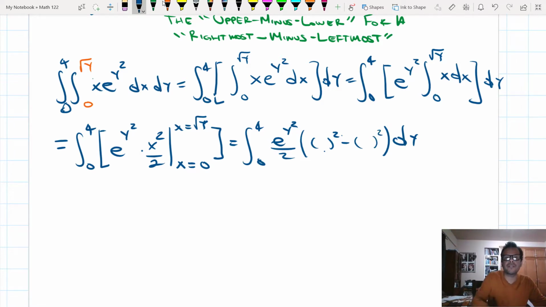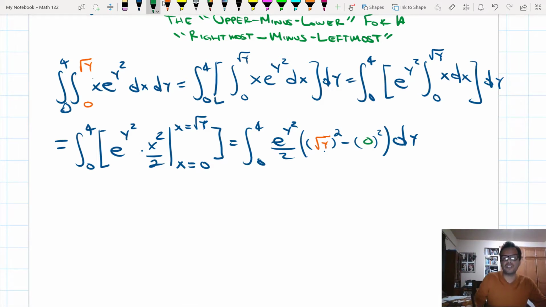Quantity squared, so this will be square root of y, and let me write this a little bit bigger so it's easier to read, by the way. And 0 for the lower limit.